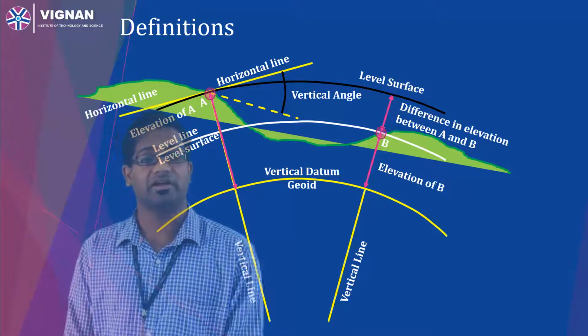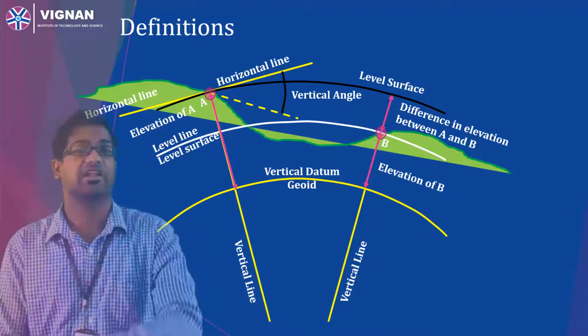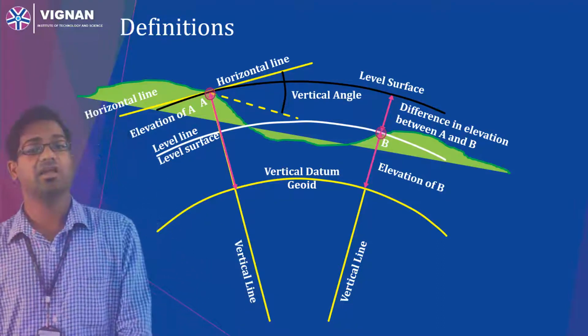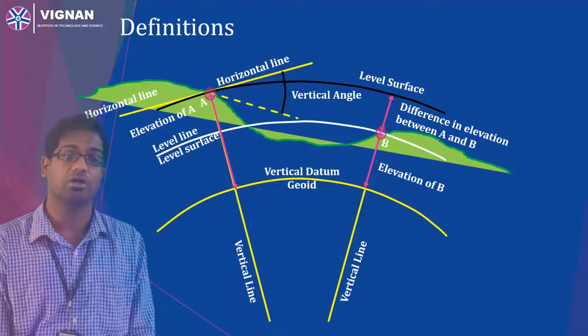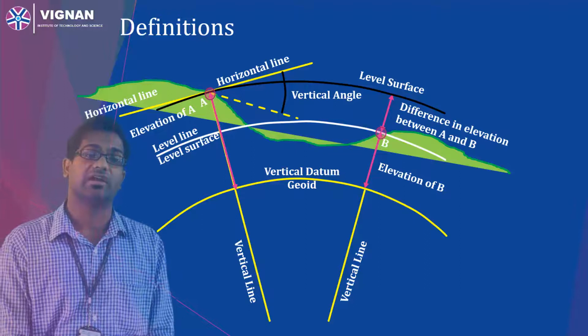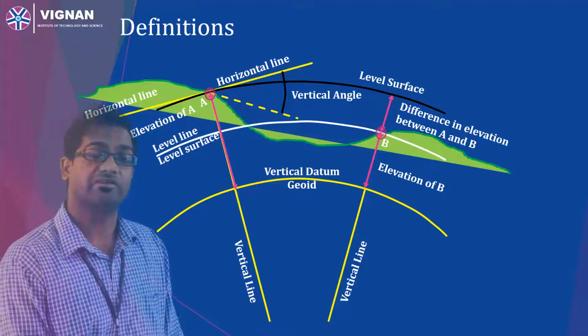Then we learned about vertical datum, which is taken as a reference to calculate the elevations of different points. It is also called geoid. Then the vertical difference in elevation of two different points. Then the vertical angle.